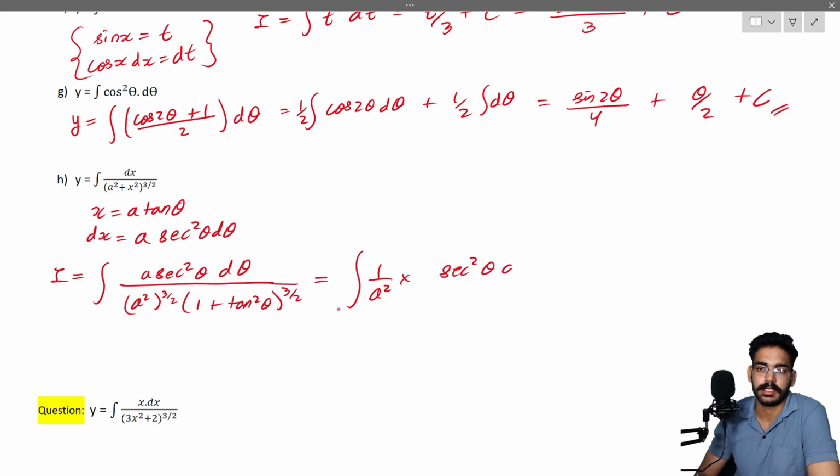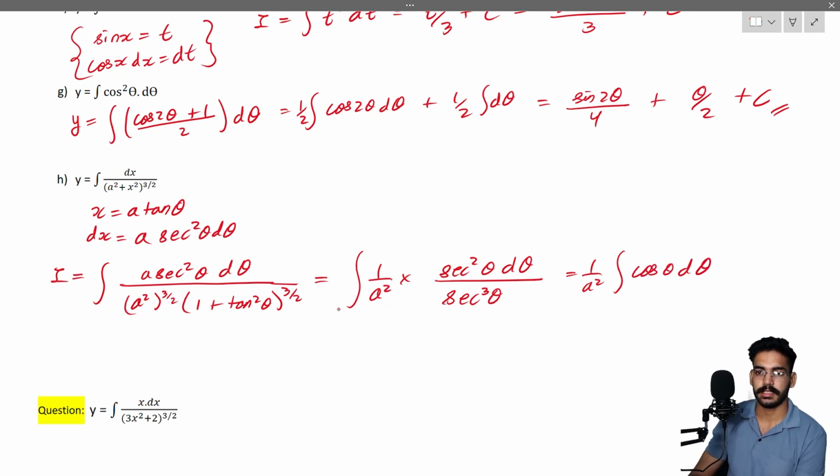Sec square theta d theta divided by sec cube theta, since 1 plus tan square theta is sec square theta. So 1 by a square outside, integration of 1 by sec, which is cos theta d theta. The integration of cos theta d theta we know is sin theta, so this is sin theta by a square plus c, right?